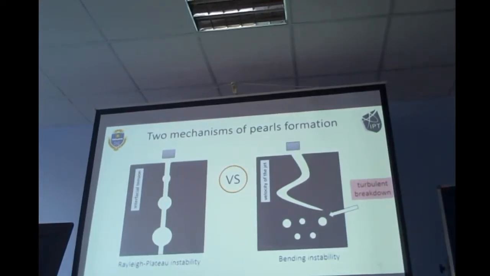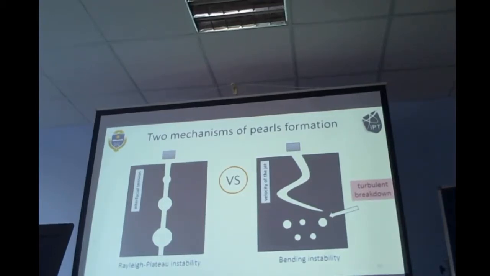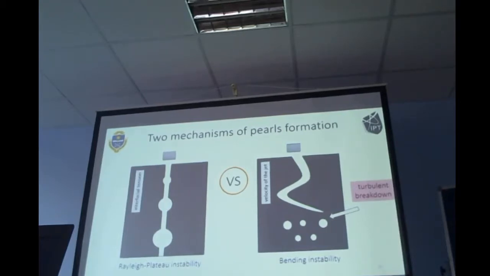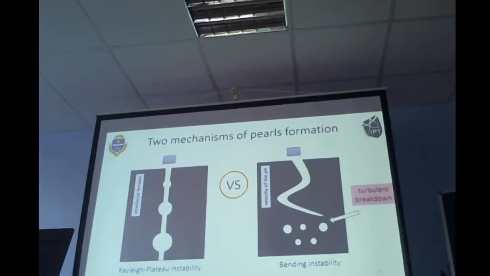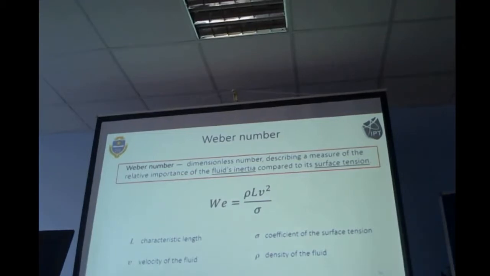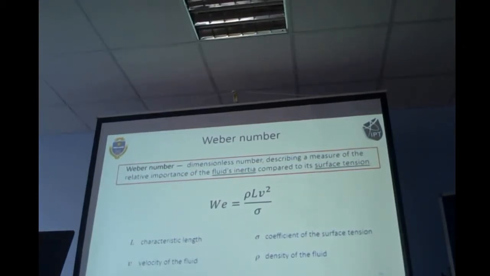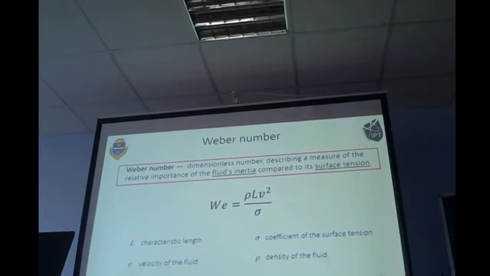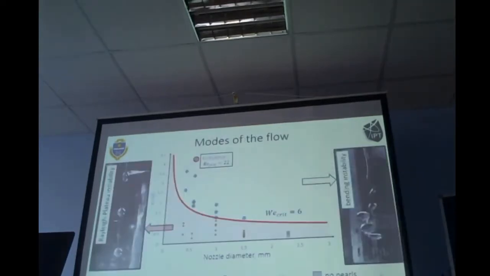If the rate of ejection is quite big, the bending instability leads to the turbulent breakdown of the pearls, and for this mechanism, the governing parameter is the velocity of the jet. So we have the competition between the fluid's inertia and the surface tension, and we can consider the Weber number as the governing dimensionless parameter in this system.